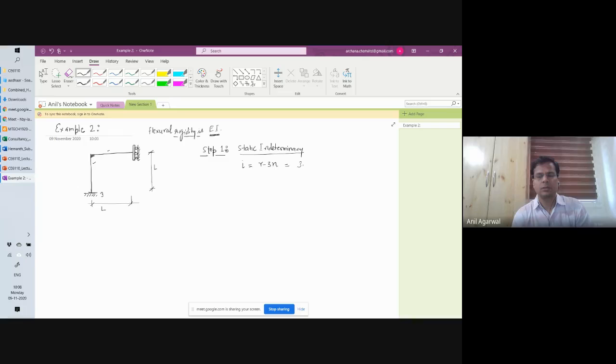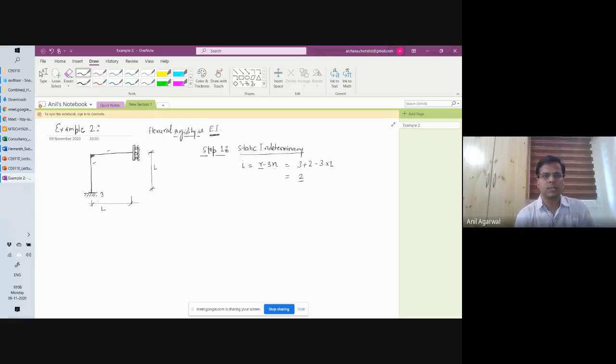So I've got 3 plus 2, that is R, minus 3 times N, and I've taken only a single part. If I had to split this into two parts, then my R will increase by 3, so it won't make any difference. My N will increase by 1 and R will increase by 3, and the equation will remain balanced. So what do I get? 5 minus 3 is equal to 2. So I have a 2 degree of indeterminacy.